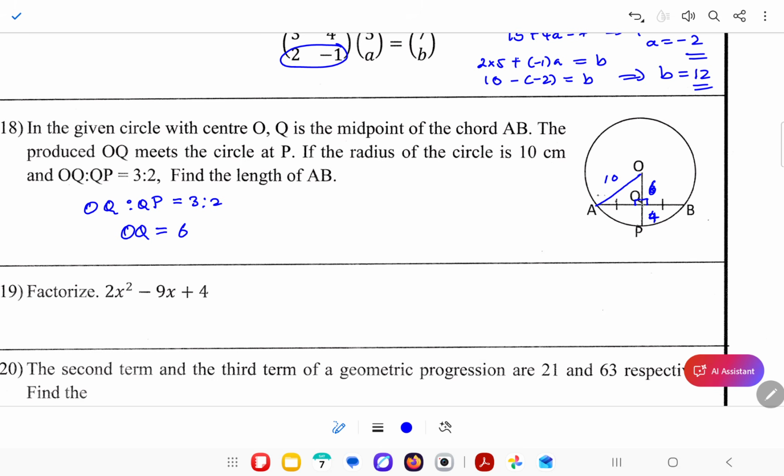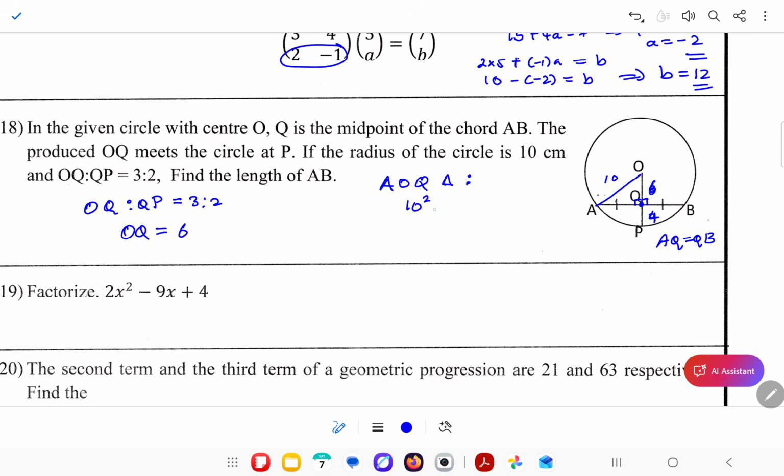So AO and OB are equal, no? So let's find AQ using the AOQ triangle. AQ and QB are equal. Use Pythagoras theorem.